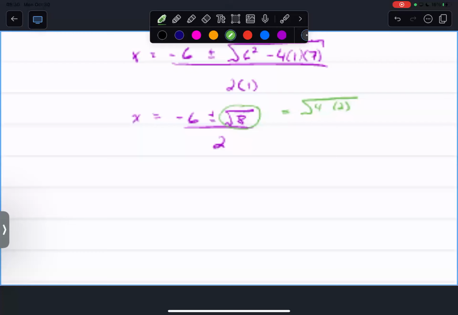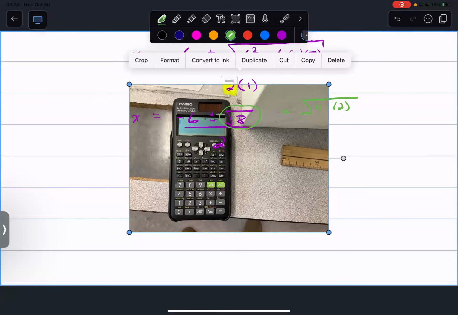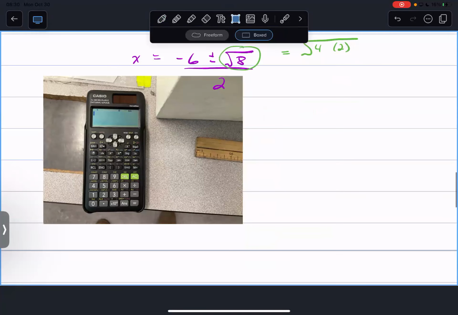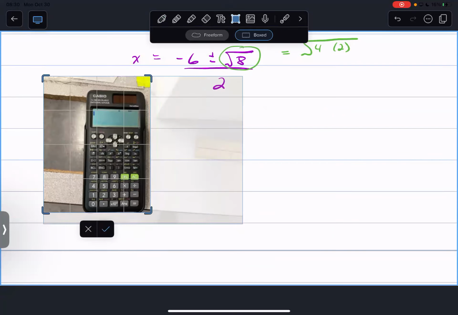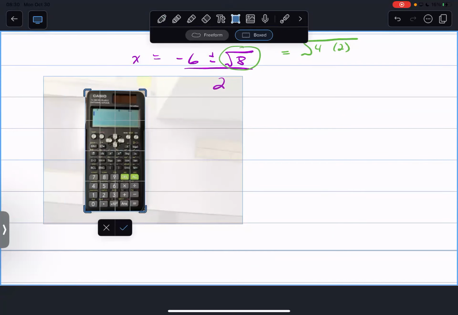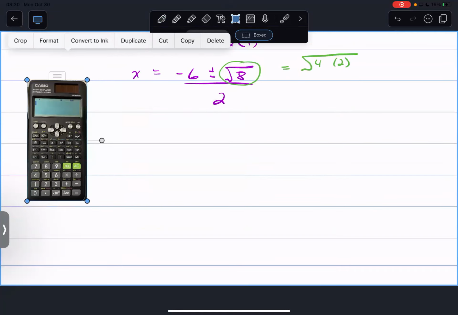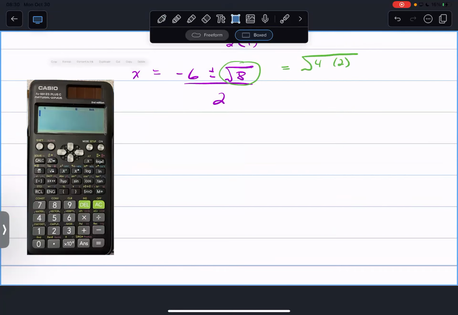Use photo. Okay, rocking and rolling. Now I have it.